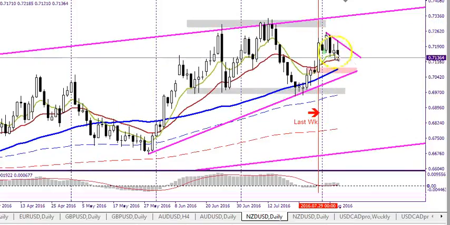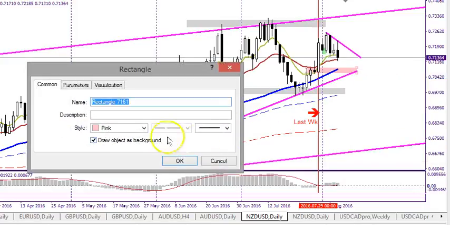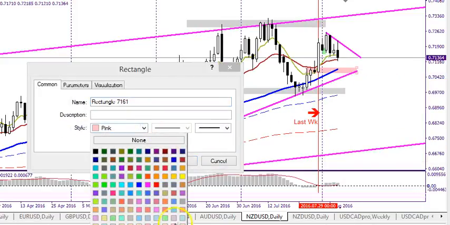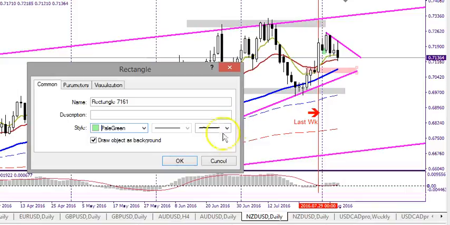So that's what we're looking for. This again is called the simple swing pullback. Price went up and up and up, and now it's pulled back. We're just waiting for price to come back down to this zone. You see this red? Sorry, it should be green. Let me just change that to green. Okay, there we go.